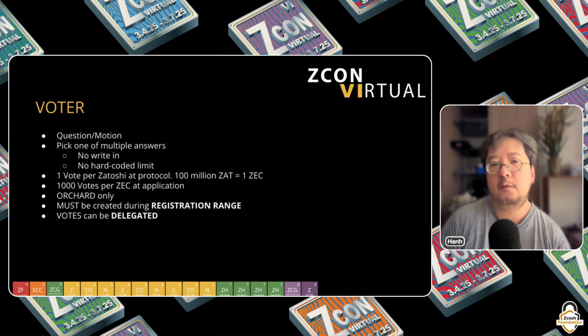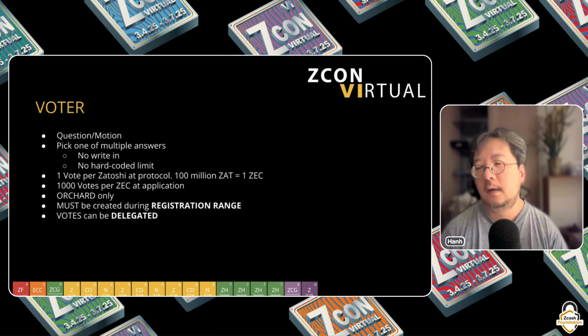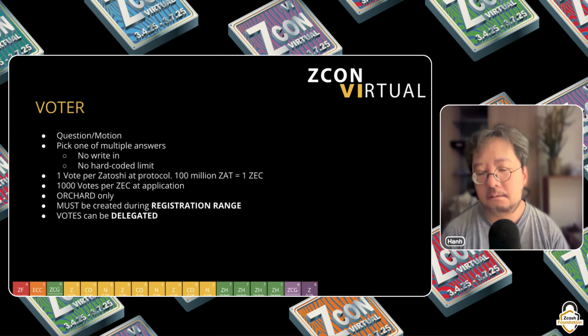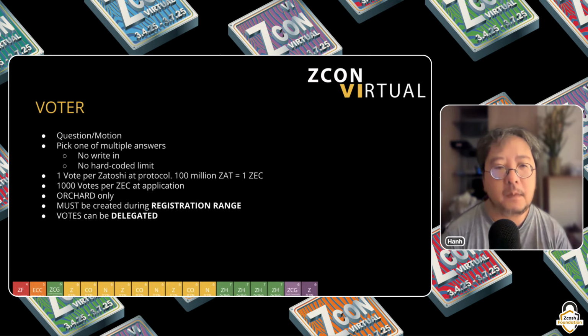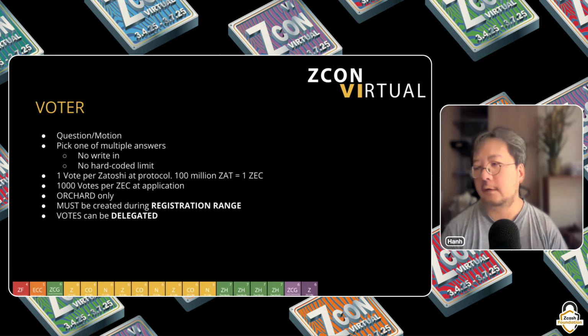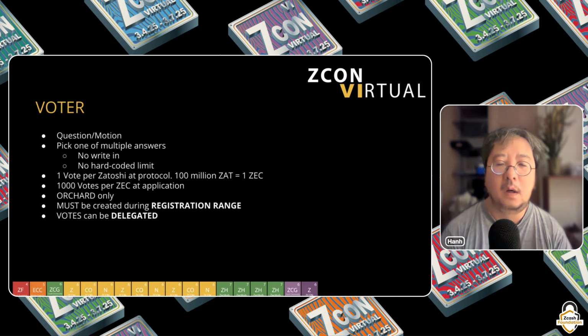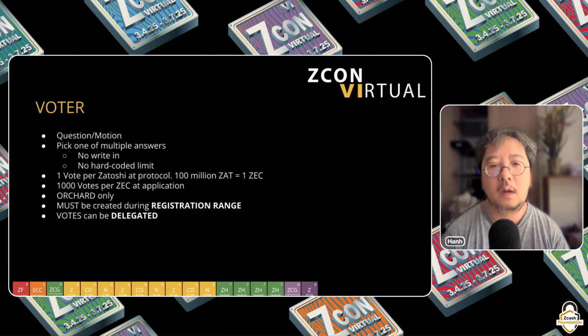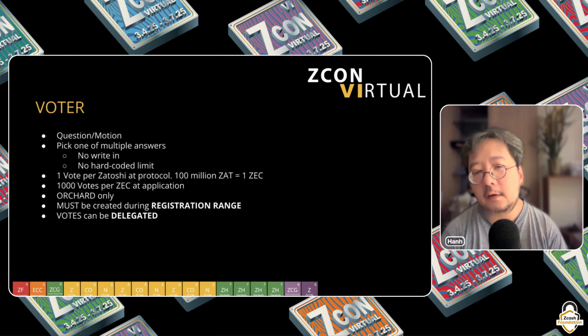The question has to be clear, should not be ambiguous and lead to wrong answers, to vote on an answer that you didn't intend. But the system itself doesn't actually verify any of this. It's just parameters to the system. Then the elector has to choose between one of the multiple answers that are on the ballot.